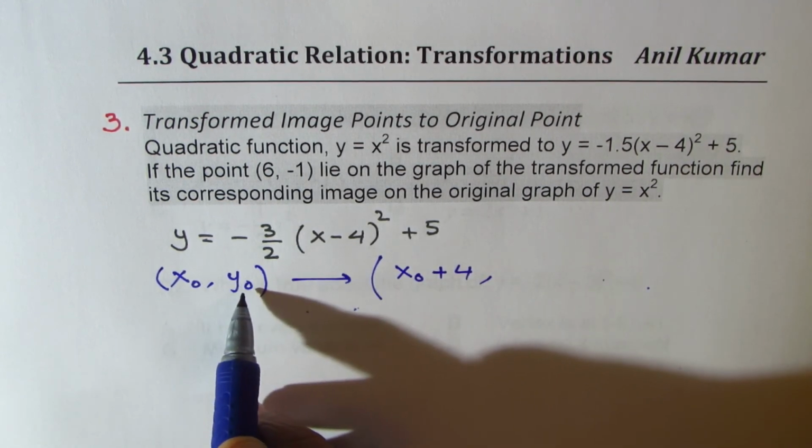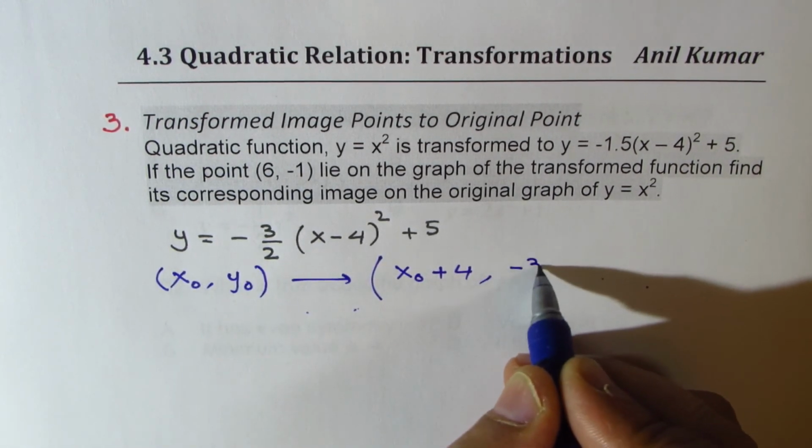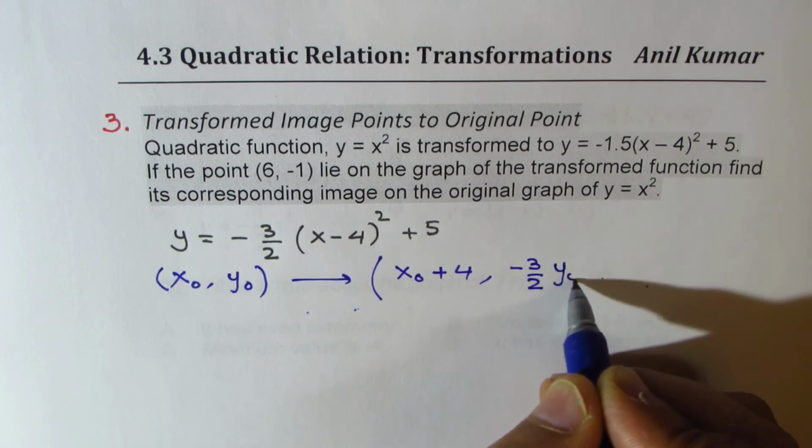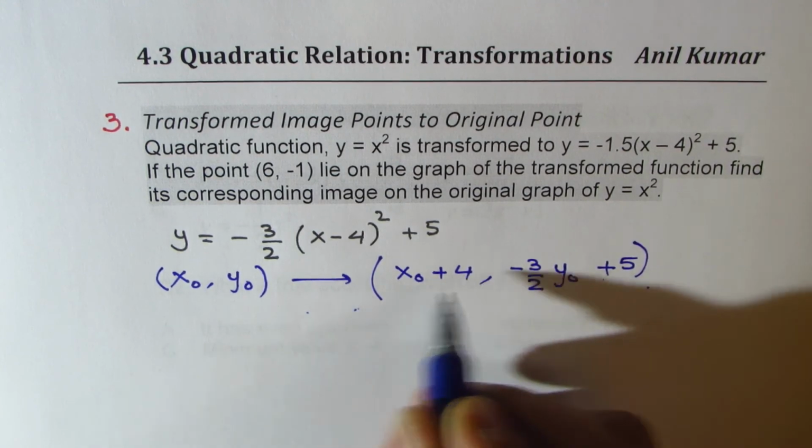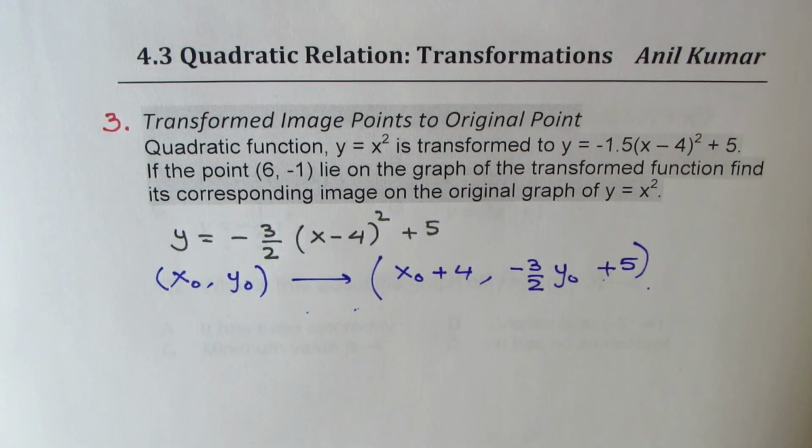As far as the y value is concerned, it gets multiplied by minus 3 over 2 to the original y value, and then you add 5. So that is the transformation. Do you understand that part? It is very important to understand how the points get transformed. We call this the image point, right?